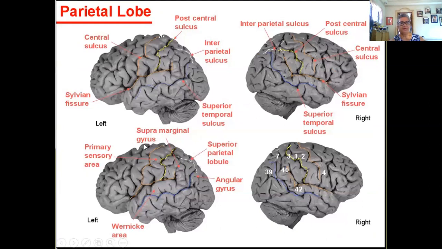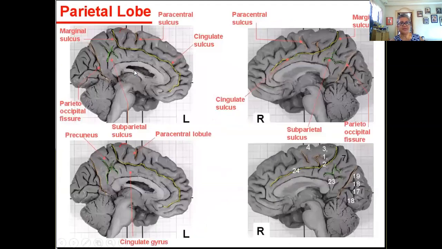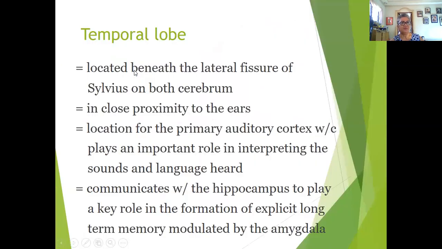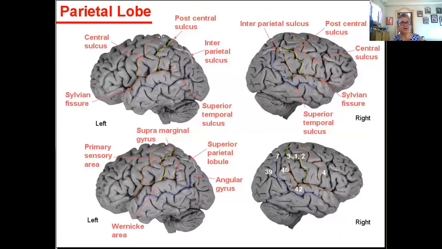So during the practical exam, you have to know where the central sulcus of Rolando is on the lateral surface so that you can delineate where is your parietal lobe and where is your temporal lobe.